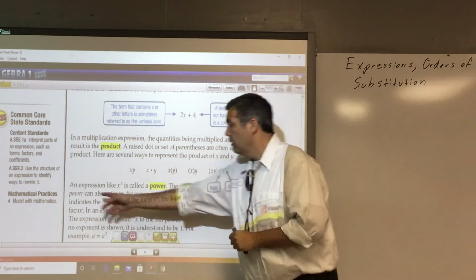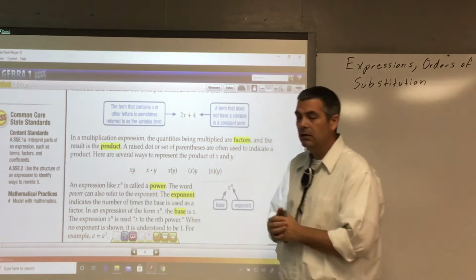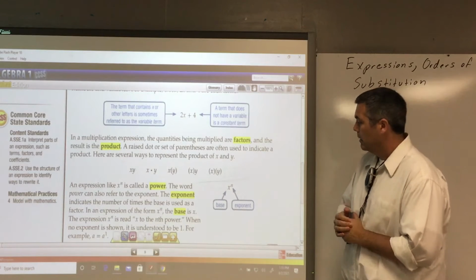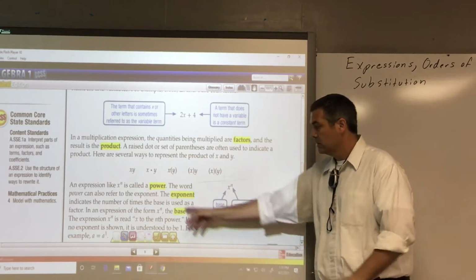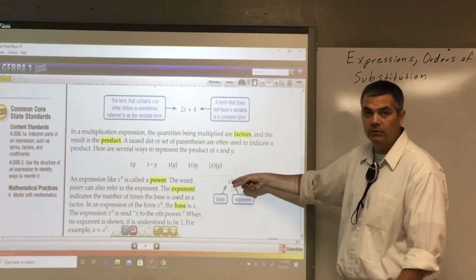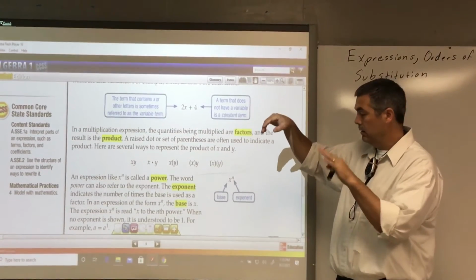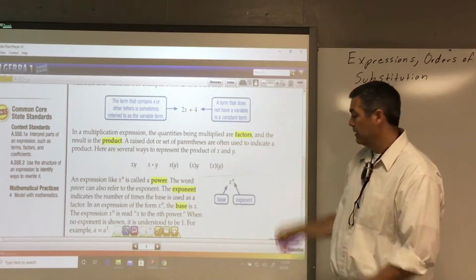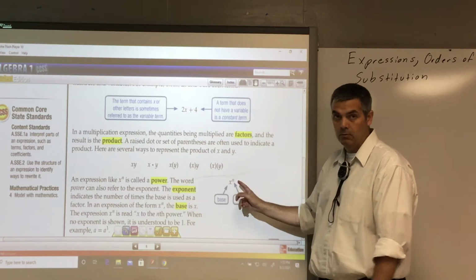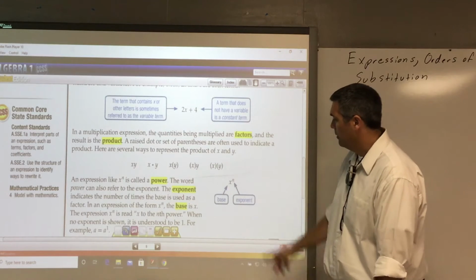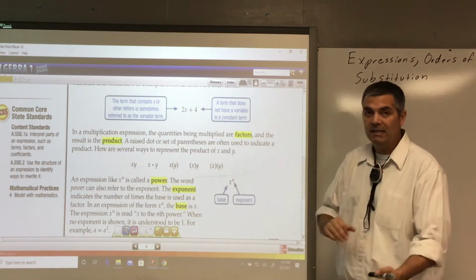All right, a power. An expression like x to the n is called a power. The n is the exponent. When we say exponents, we mean the number up above and to the right of another number or a variable. The x is the base.